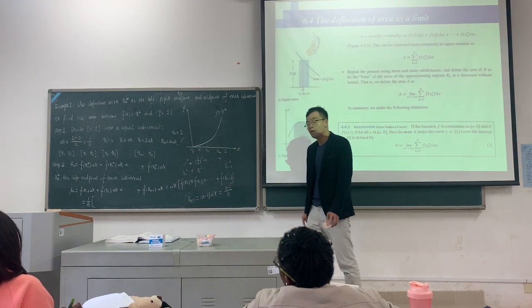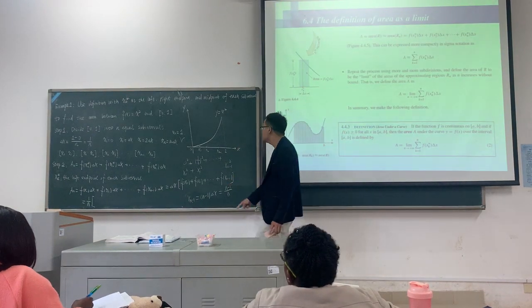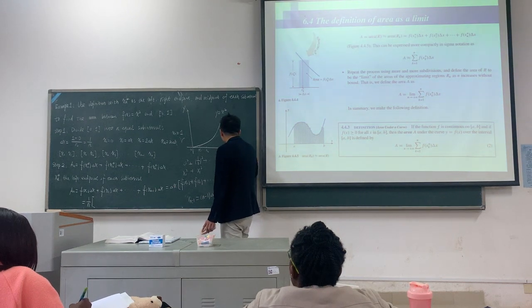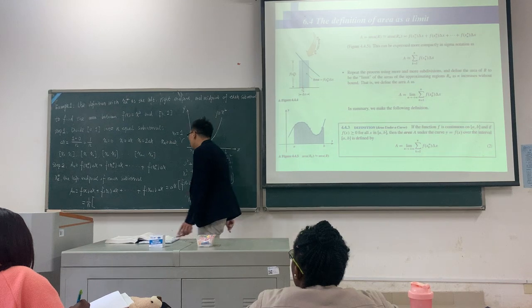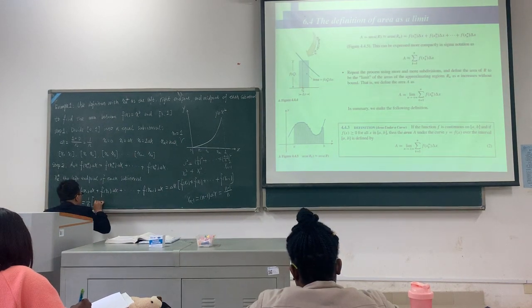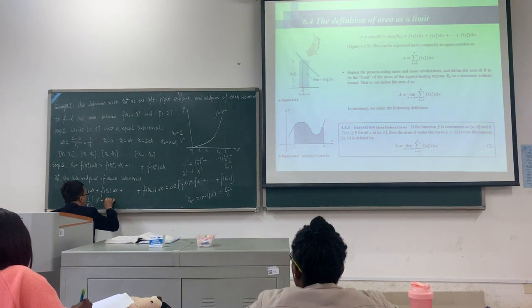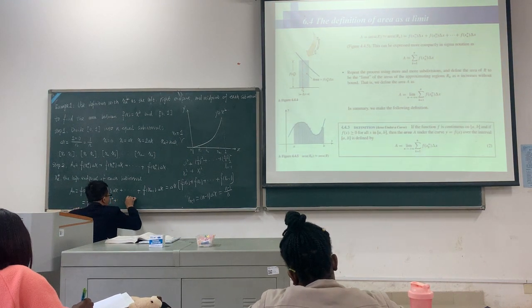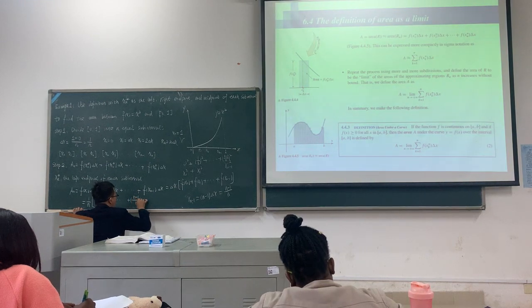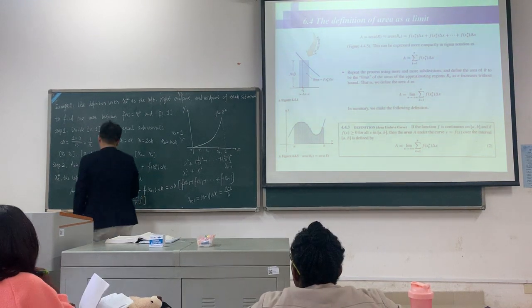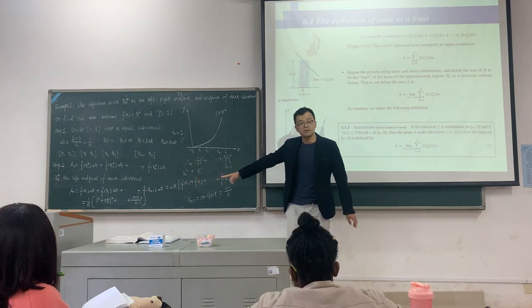Yeah? So here actually is n minus 1 by n squared. So here actually is 0 squared plus 1 by n squared plus n minus 1 by n squared. Yeah? So actually it's this, okay?